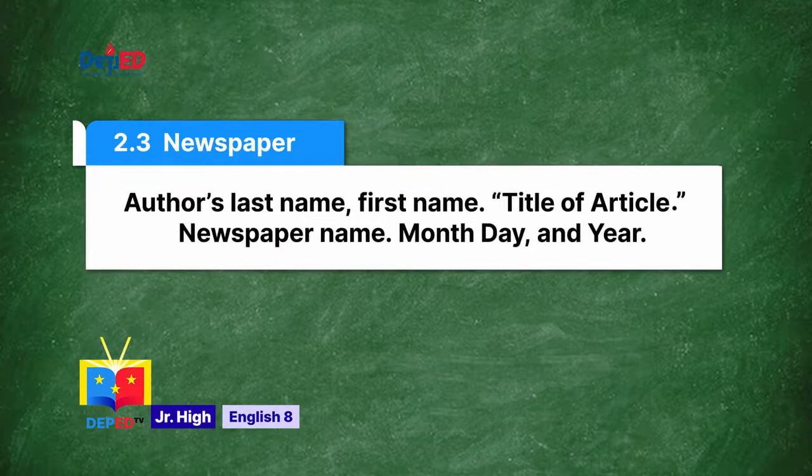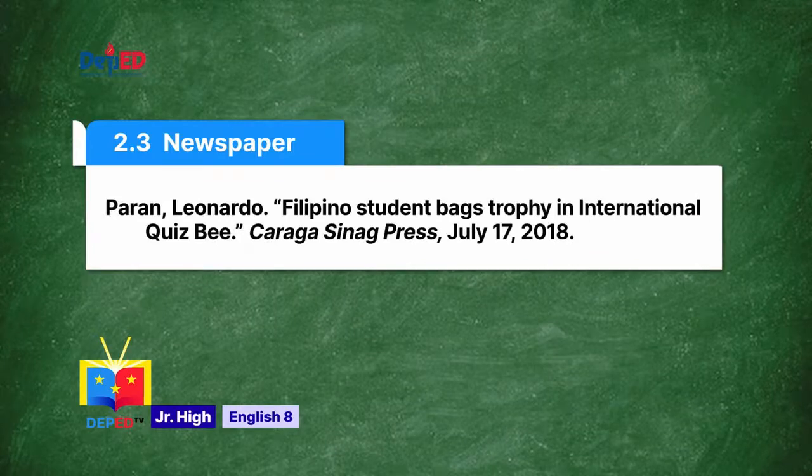First, author's last name, comma, and then the first name, period, open quotation mark, title of the article, period, close quotation mark, newspaper name, period, month, day, comma, year, period. Here's an example of a newspaper bibliography.